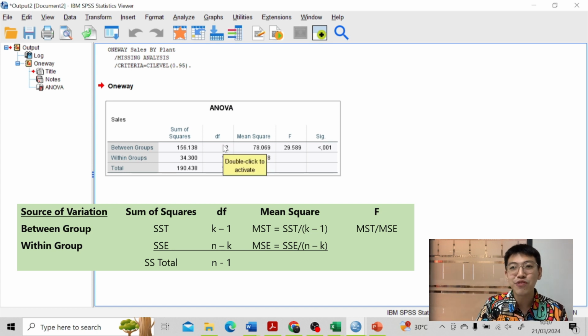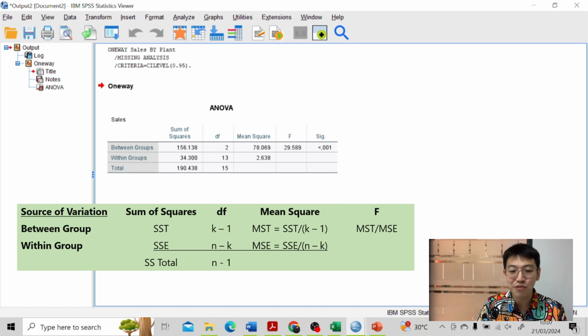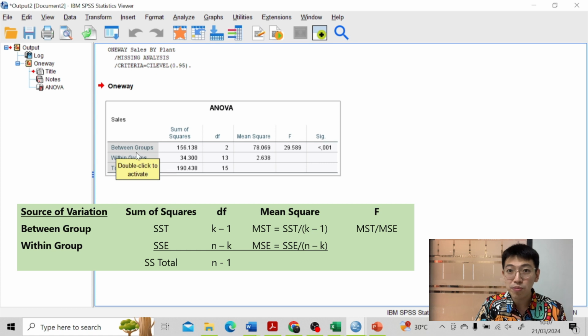In the previous video about one sample and two sample hypothesis testing, you have learned about degree of freedom. And the formula for one sample and two sample hypothesis testing will be different. For ANOVA, it will also be different. So for between groups, the DF will be the number of groups minus 1. We have 3 groups, plan A, plan B, and also plan C. There are 3 groups, so the DF will be 2, 3 minus 1.